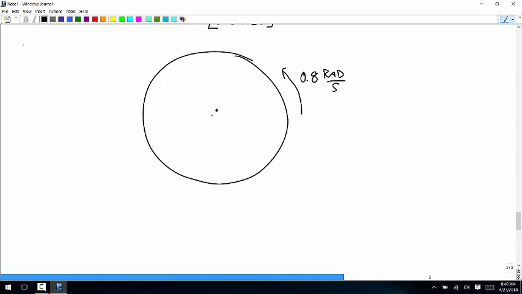The radius is 6 meters. If we're thinking of the horse being at this point in the circular motion, what direction is the velocity? To the right, yep. And what's the magnitude? Well, let's do all the directions first. So this is the velocity vector. Is it speeding up or slowing down? No, so there's no tangential acceleration. There is centripetal because there always is.